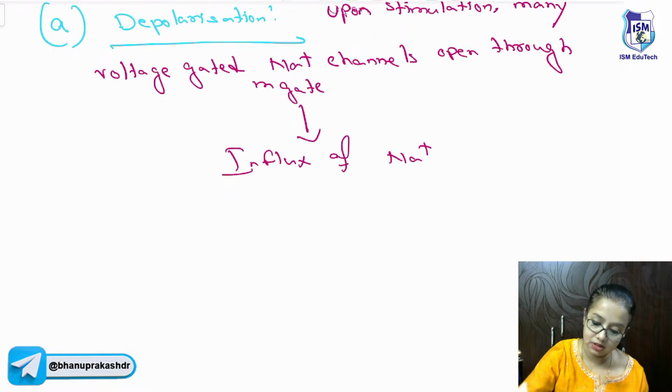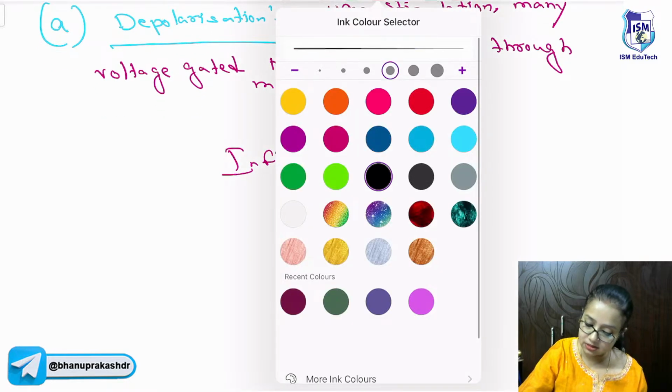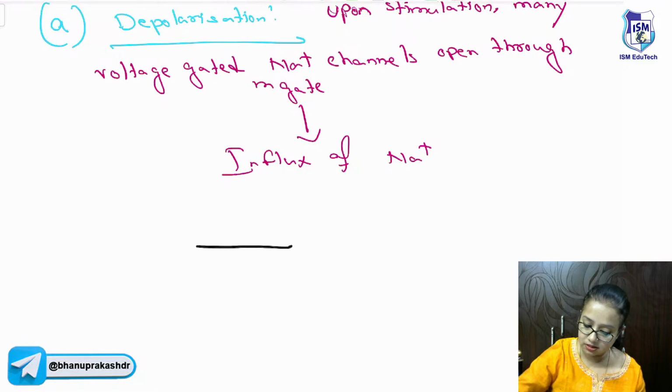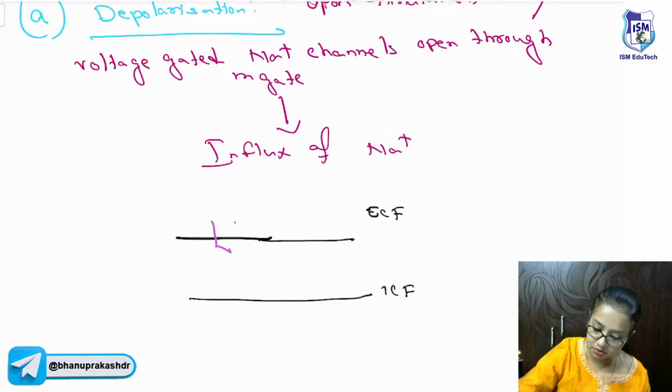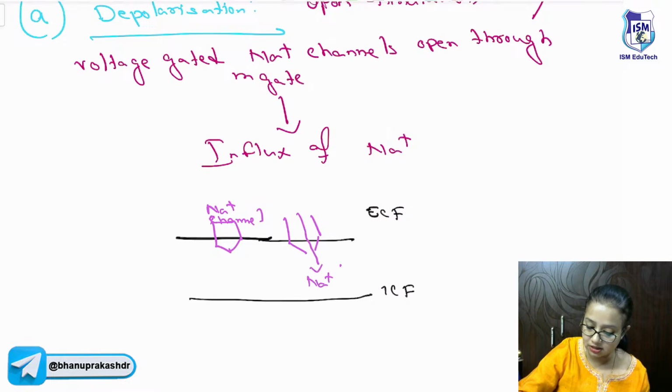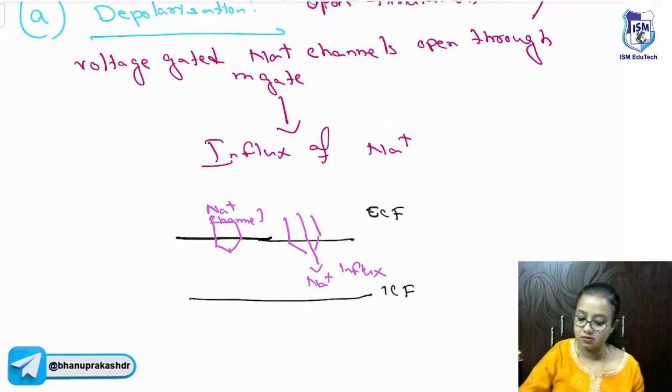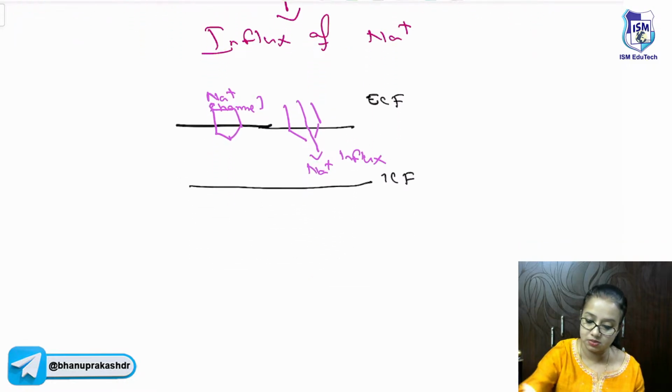So during depolarization, say this is the membrane. Here I'm drawing only a single line. This is ECF and this is ICF. So during the depolarization, these are sodium channels. There is opening of this voltage gated sodium channel and there is influx of sodium through the sodium channel.